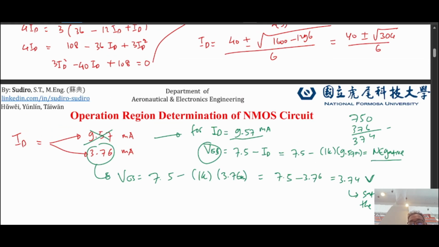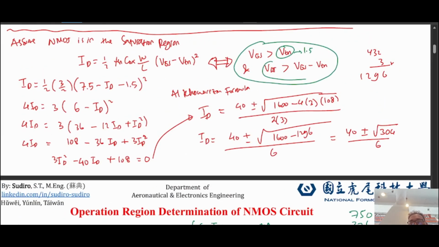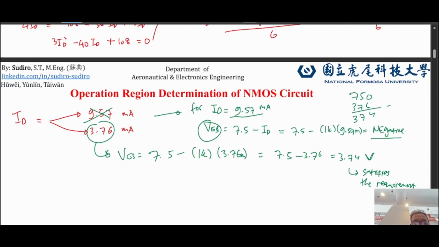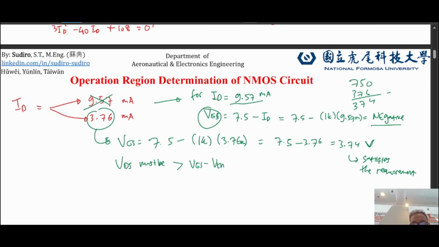However, we still have another requirement, which is the VDS one. VDS must be greater than VGS minus VTN.